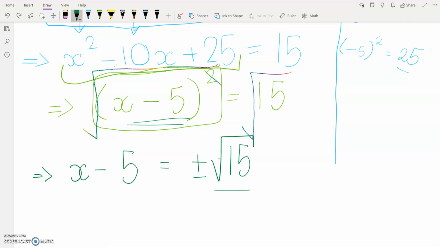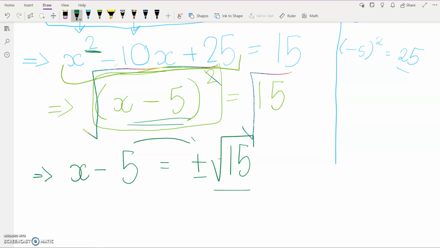And that makes sense because when we're solving for the roots of a quadratic equation like we're doing now, since the degree is 2, we want two solutions. And those two solutions are going to come from the two roots here.